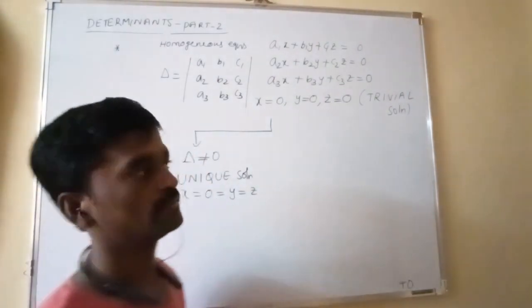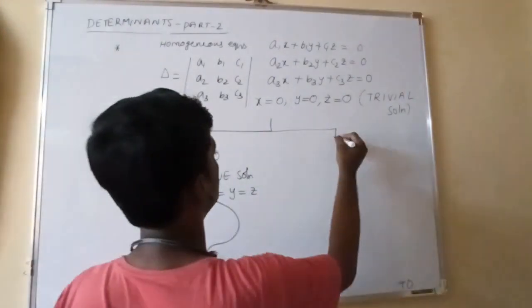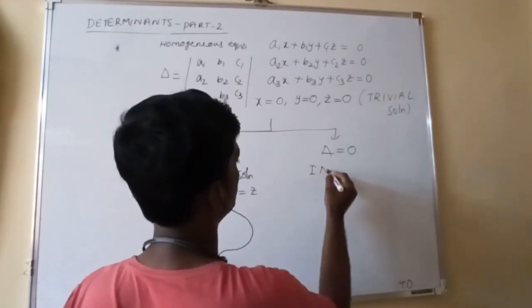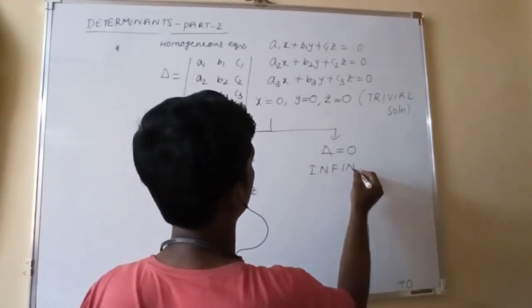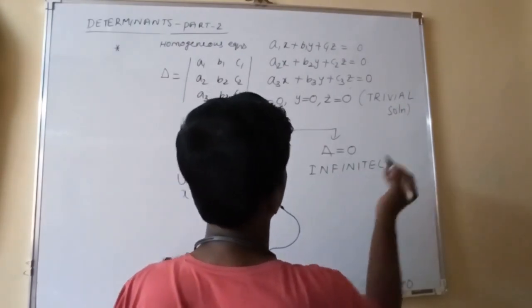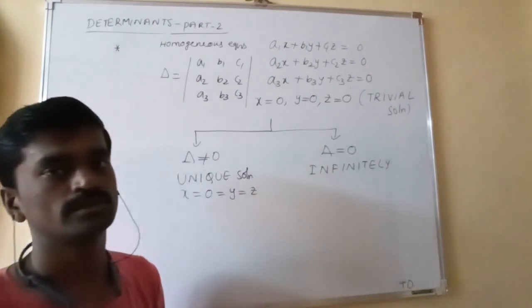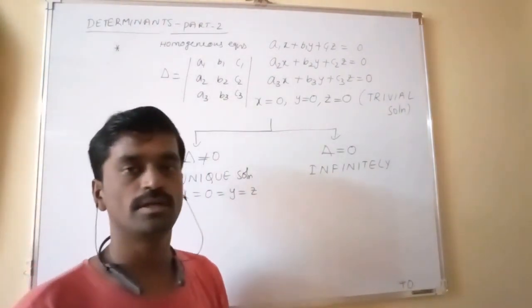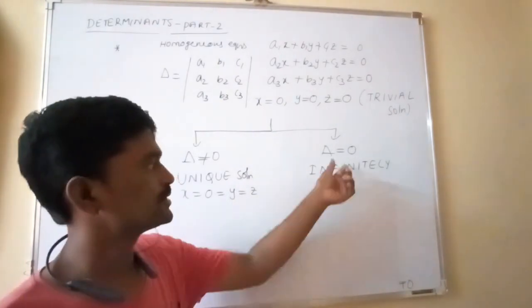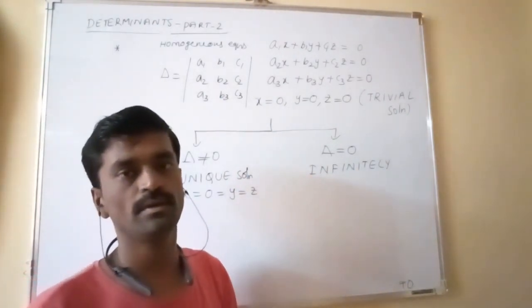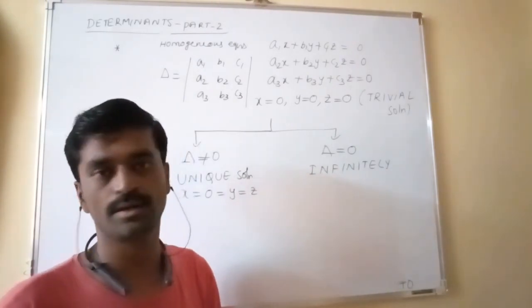And this solution is also called the trivial solution. And if delta is equal to 0, then in this case it has infinitely many solutions. Same explanation. We can write x into delta is equal to delta 1, as delta 1 is obviously 0. In this case, if delta is 0, then there will be infinitely many x values satisfying x into delta is equal to delta 1.